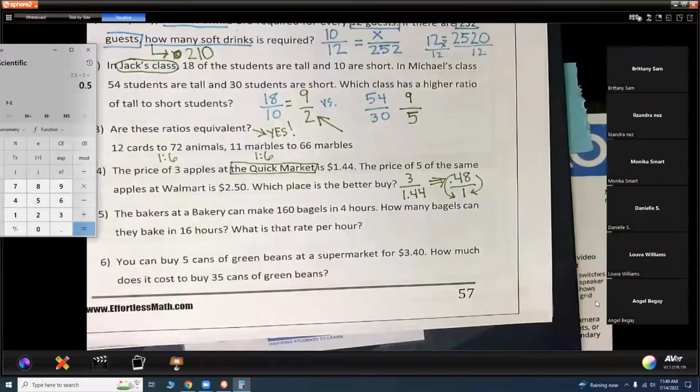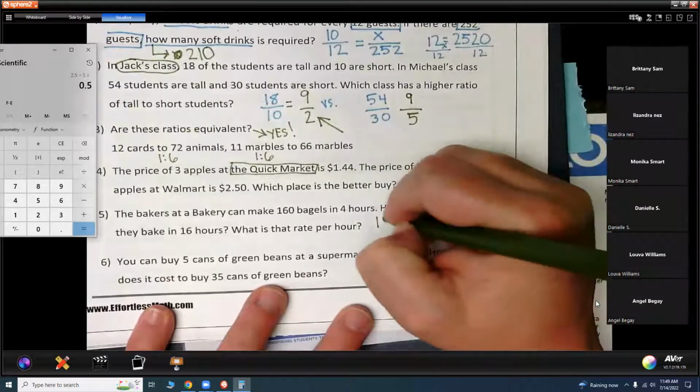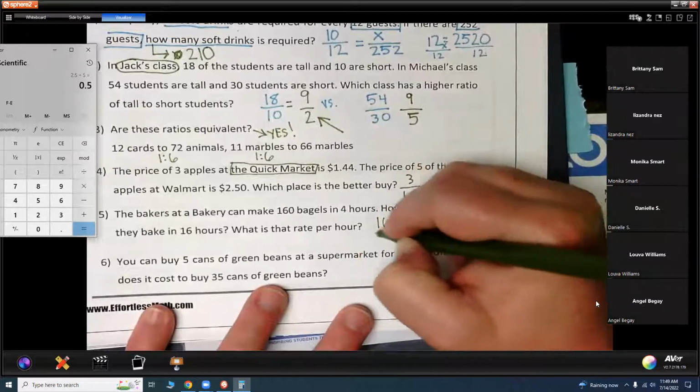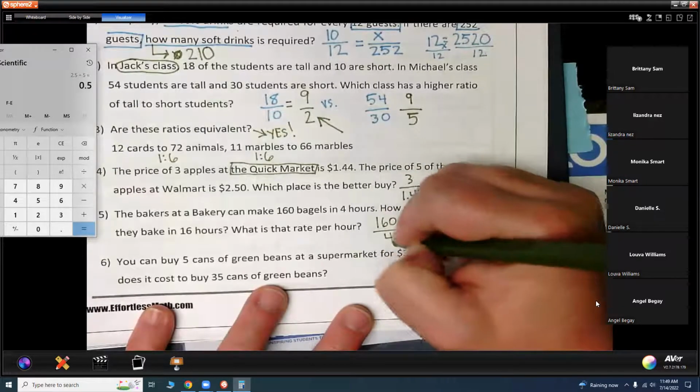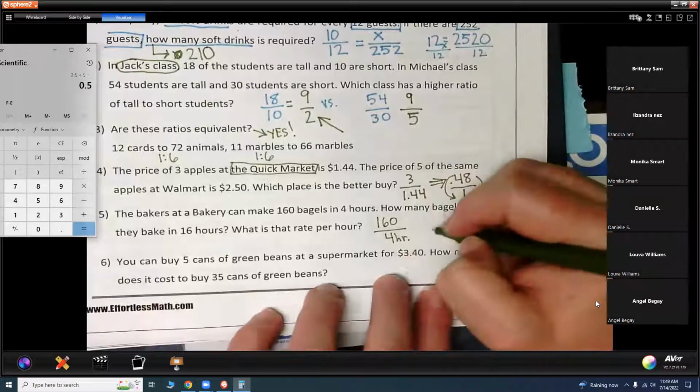Excellent. All right, number 5, the bakers at a bakery can bake 160 bagels in 4 hours. How many bagels can they bake in 16 hours? How did you get that? 4 divided into 16 was 4, times the 4.